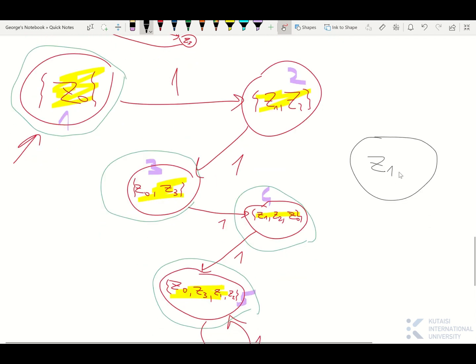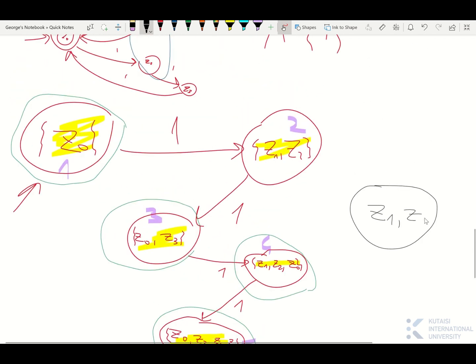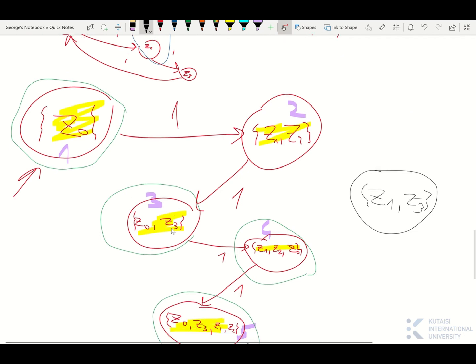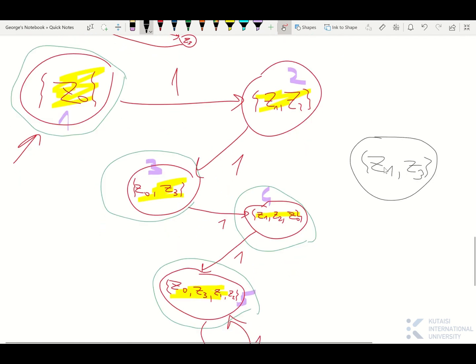I don't know, Z1, Z2. Z1, Z2 is here. Z1, Z3 is not there. What about this state? This does not occur here, but it's still a subset. I can still have the state somehow, but it's never reachable if you start here. If you start here and only follow the things you can follow, you will never hit the state.